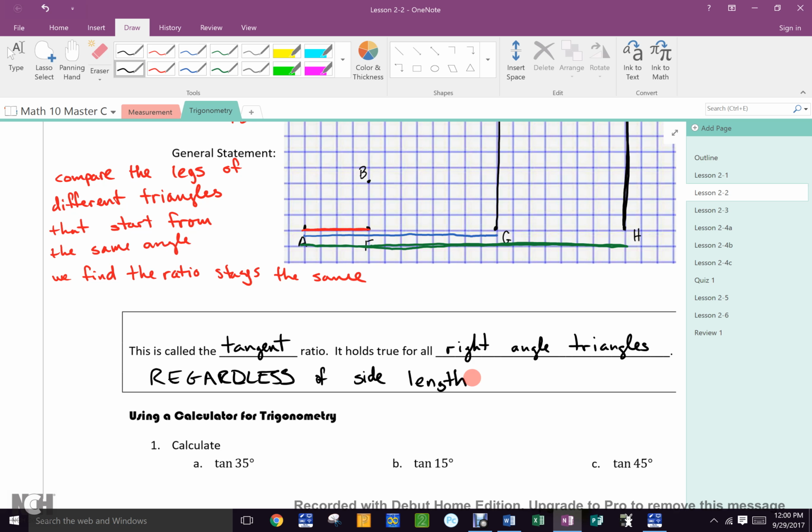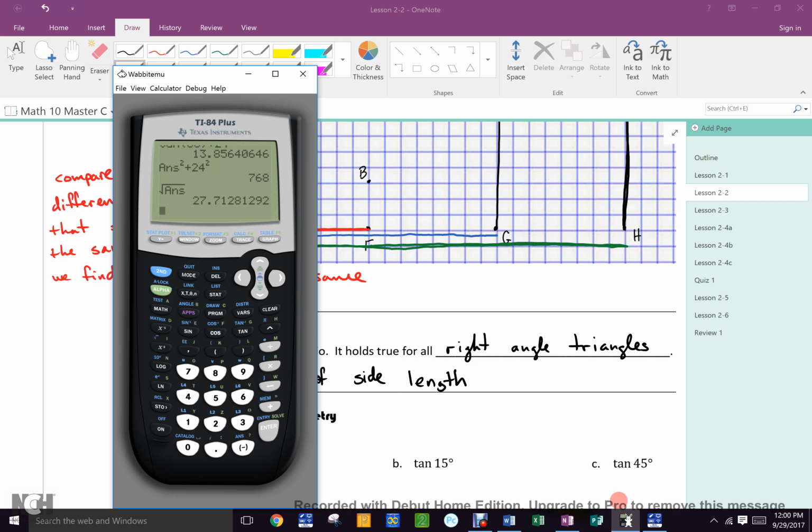My warning on Tuesday was to go out and get the right kind of calculator. The right kind of calculator that makes your life easiest is the kind that is like mine, that when you push the button tan, it writes the word on the screen. If you don't have that kind of calculator, listen to me right now.